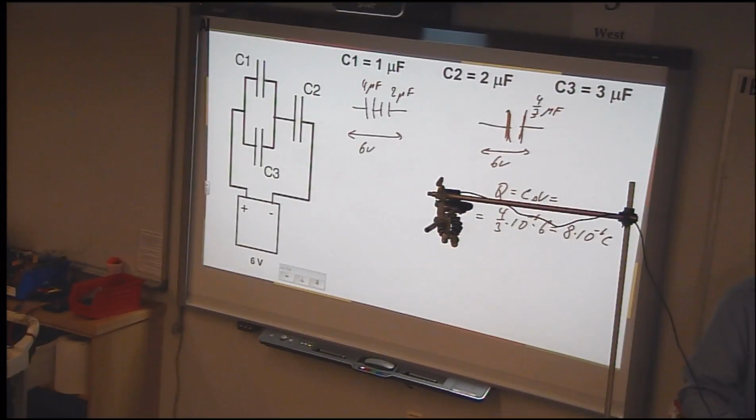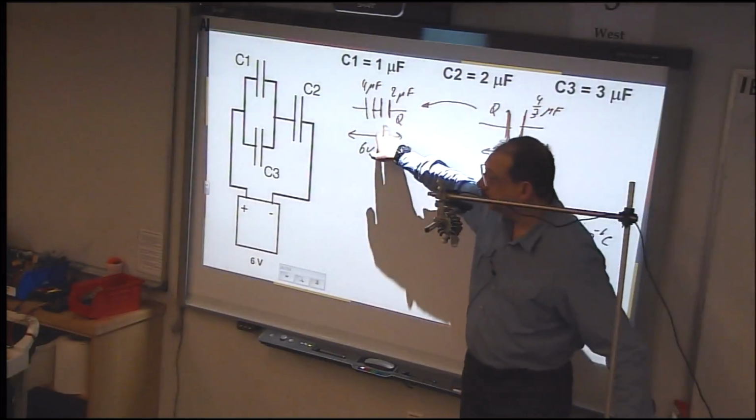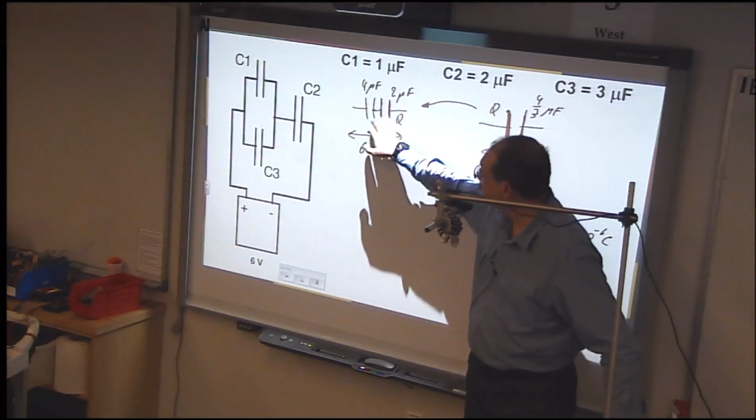But now we know that exactly the same charge, if we make a transition back, should be stored here, which automatically also means here.